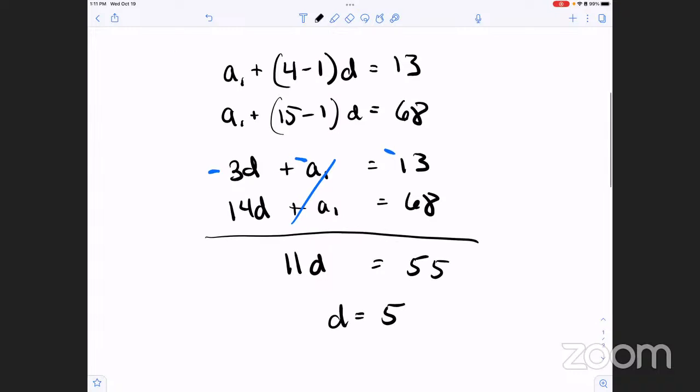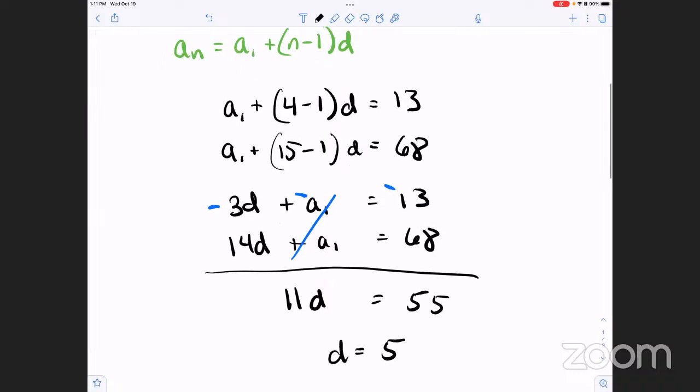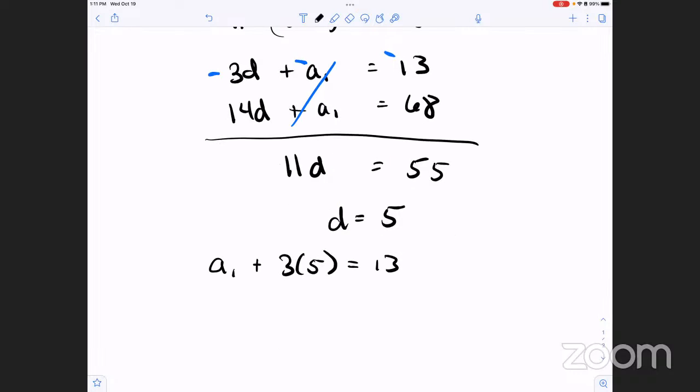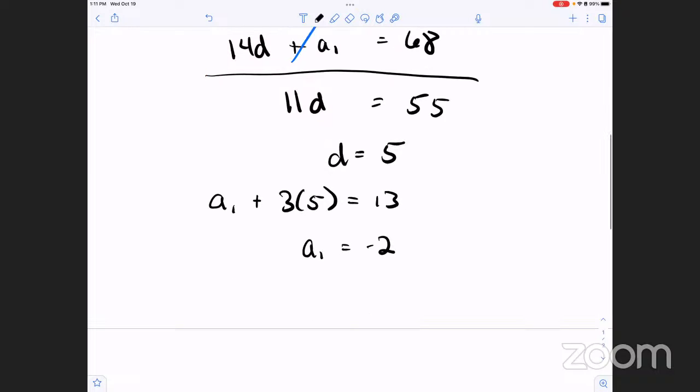So if we solve the common difference, we need to go back and solve for a1. I'm going to plug this into the first equation. So 3 times 5, that's 15, plus a1 equals 13, so a1 equals -2. Then our general term is going to take the form -2 plus n minus 1 times 5.